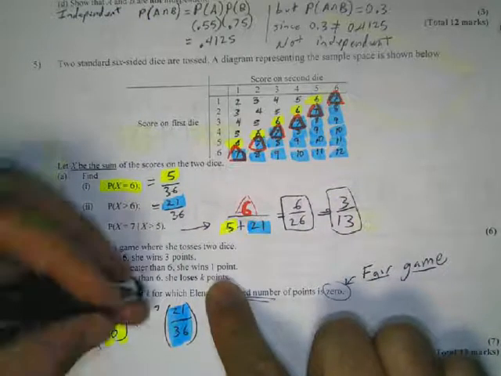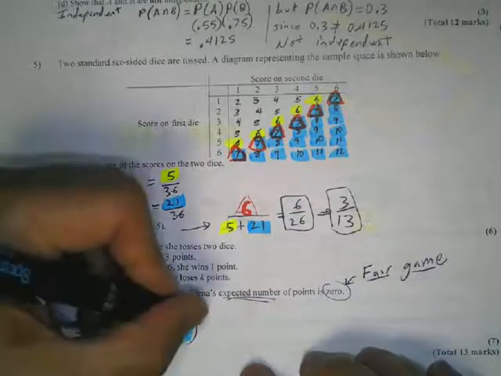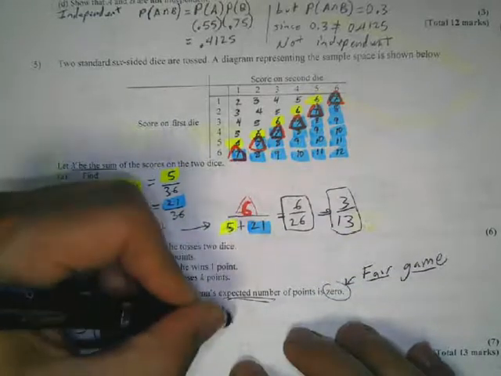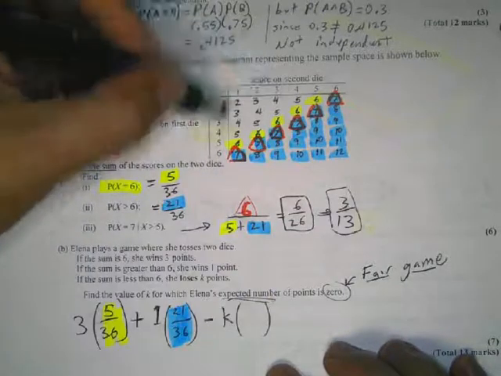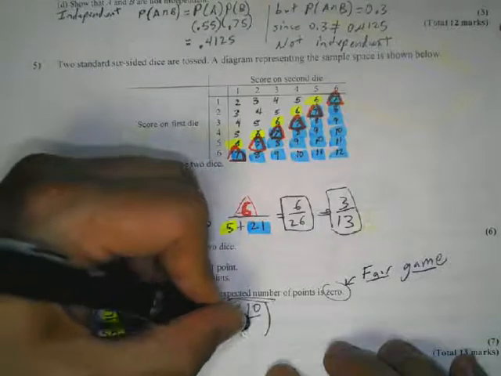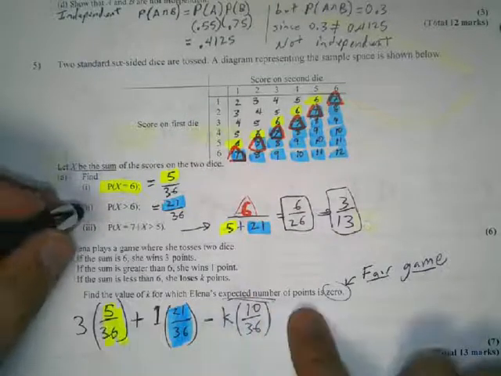So I'm going to put 1 point here. And then she's going to lose k points if it's less than 6. So all of these non-highlighted ones are less than 6, and there's 10 of them. Okay, and the expected value is going to be 0.